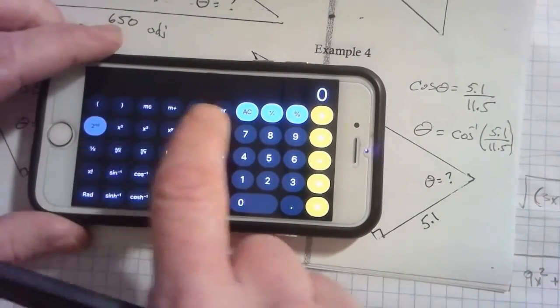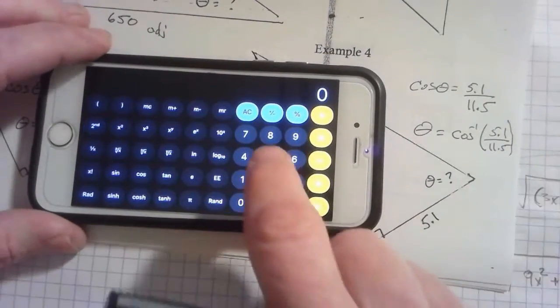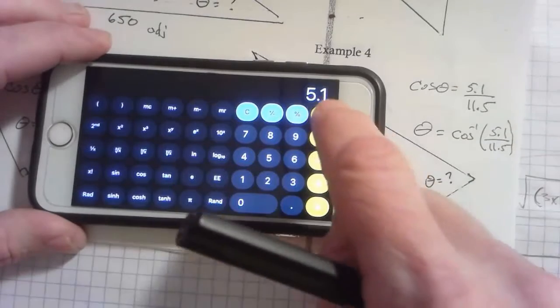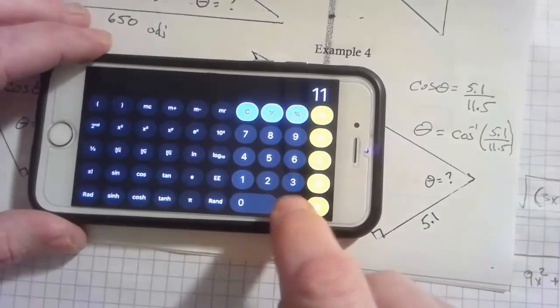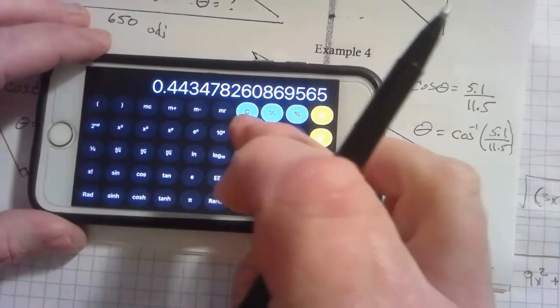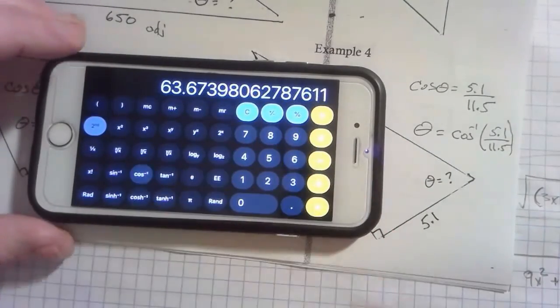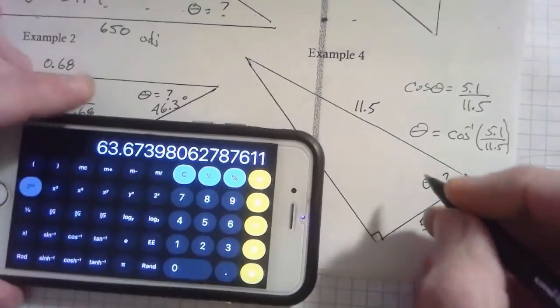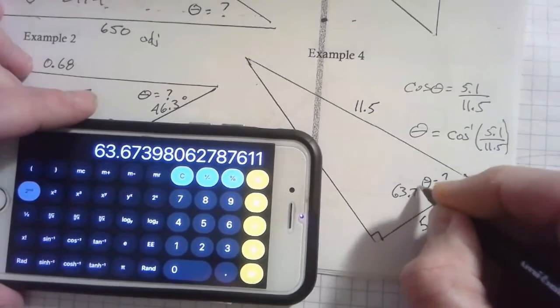So I go 5.1 divided by 11.5, gets that, and then do second cosine, 63.7 degrees. There we go.